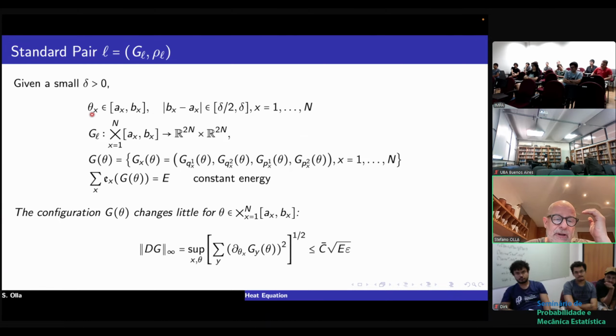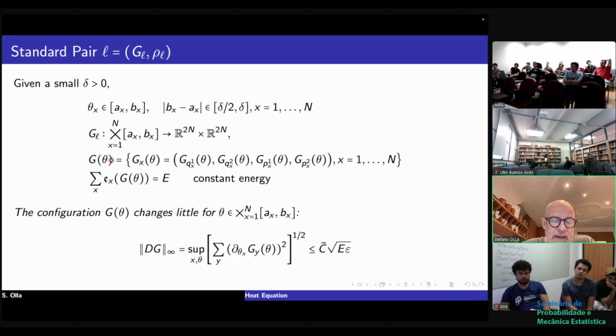Basically, for each angle there will be a small interval, let's say a_x, b_x, which will eventually be the support of each rho_x, of each initial distribution of particles. Then there is a map that goes from this interval to a configuration of particles, in R^2n by R^2n, the configurations of position and velocity of particles. So basically, to each theta, you assign a configuration of particles that you call g_x of theta.